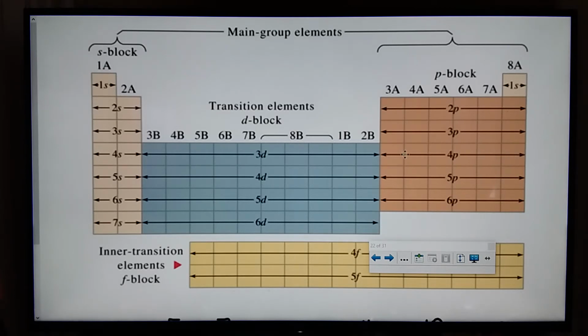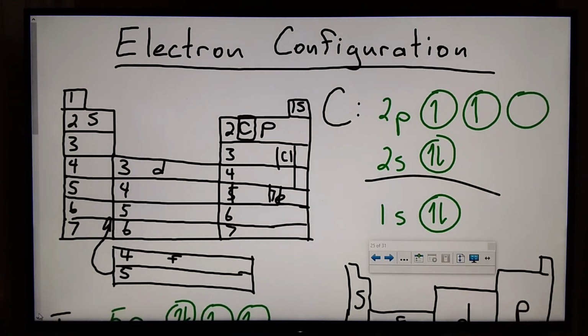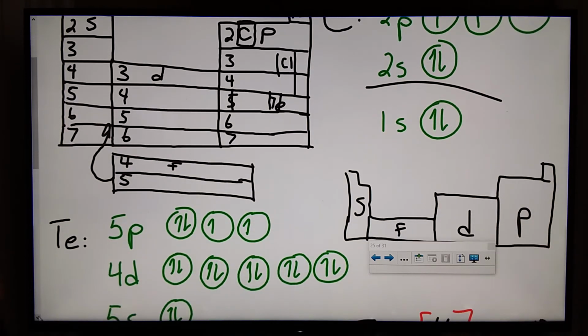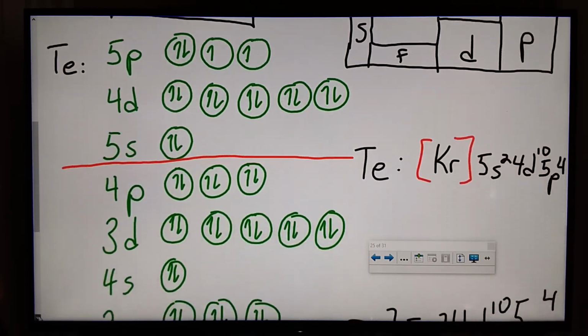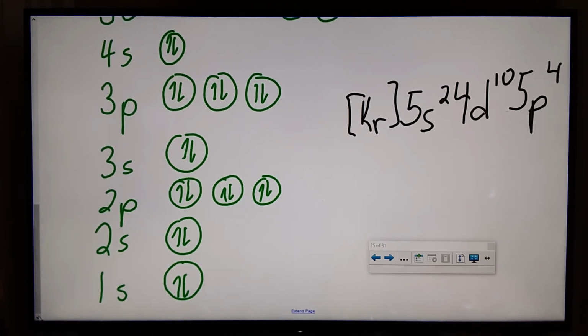So 4p, 3d, 4s, up and over, 3p, 3s, up and over, 2p, 2s, and then finally into the 1s orbital. So when you look at tellurium here, the 5p is where it ends, and then 4d, 5s, and so on, all the way down to the 1s orbital.